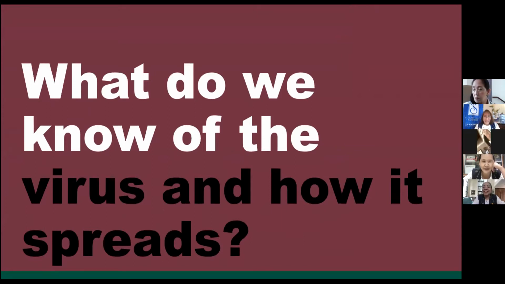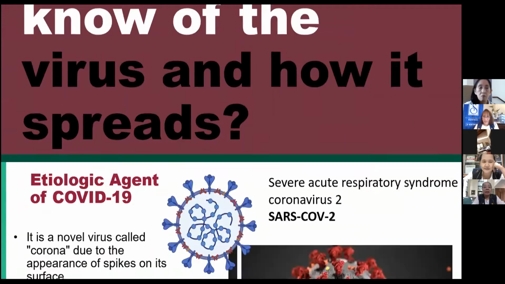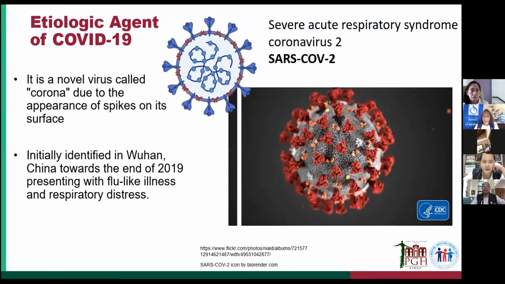So what do we know about the virus and how it spreads? We started to hear about this virus, di ba, nung mga January of last year. So 1 year na. So this is really how it looks like, and there are spikes. Parang lahat tayo medyo familiar na with how it looks like.